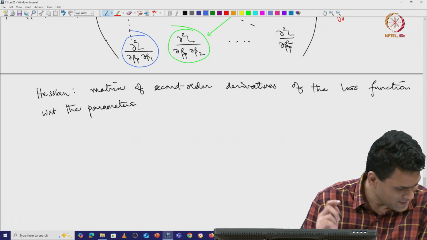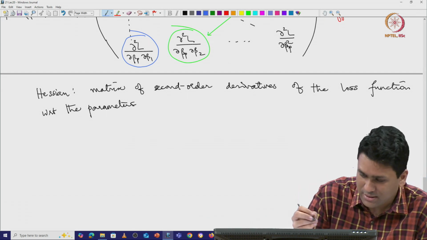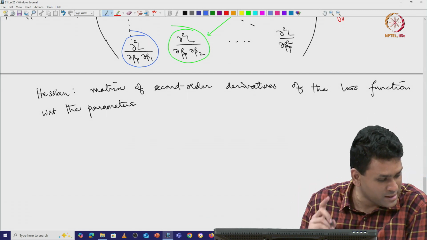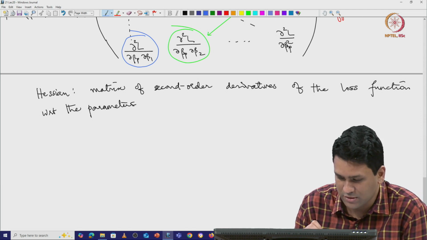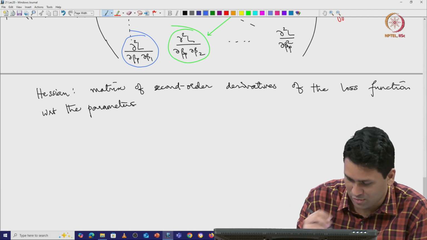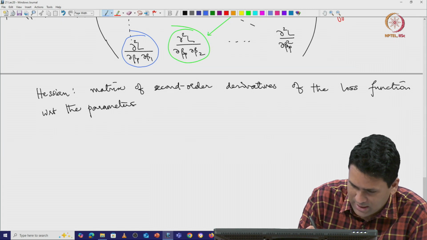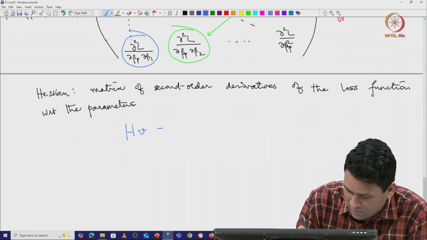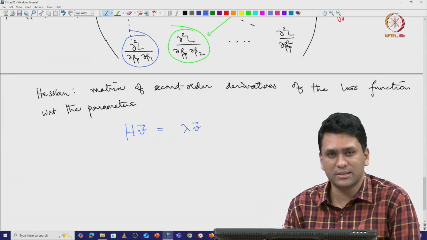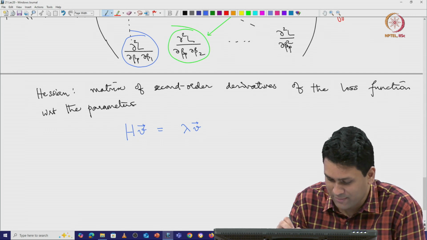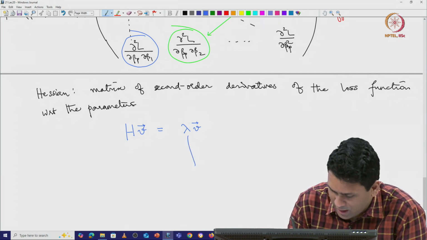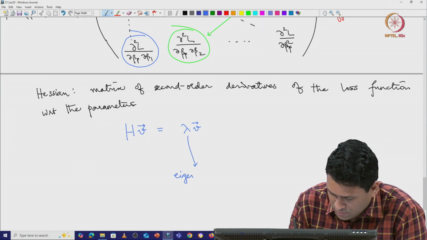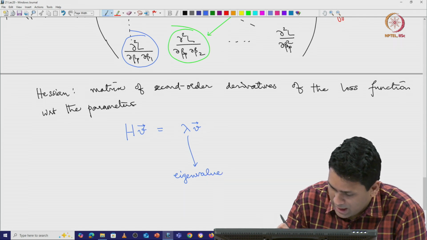So for a Hessian there can again be three cases, and these depend on the eigenvalues of the Hessian matrix. So what is an eigenvalue? If you have the Hessian matrix H, and you write this equation HV equal to lambda V, if this equation is satisfied for values lambda and V, then this lambda is called the eigenvalue and this V is called the eigenvector.